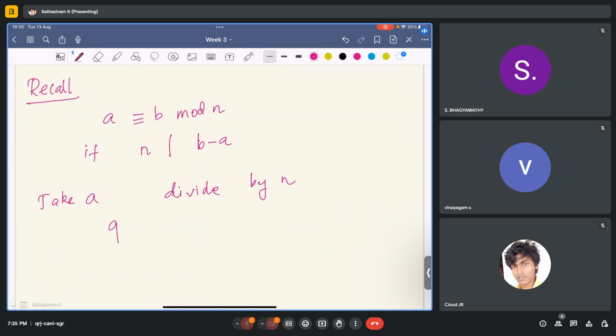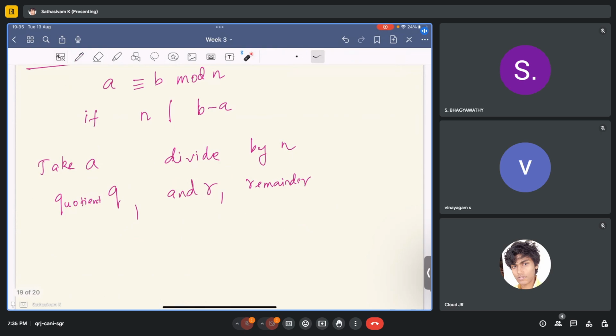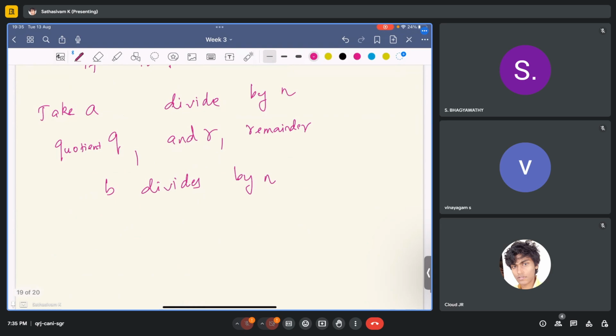you get a quotient and a remainder. By dividing, you always get a quotient and a remainder. Similarly, b also gives a quotient and a remainder.